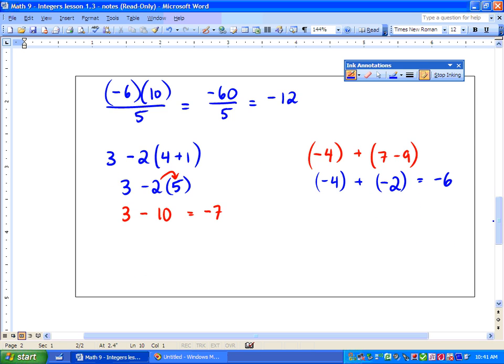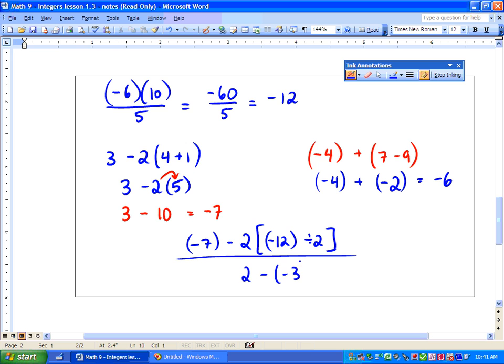We've got one more question here before you guys are going to try some on your own. All right? So this is going to be negative 7 minus 2 times, we've got some stuff in brackets here, negative 12 divided by 2, all over 2 minus negative 3.